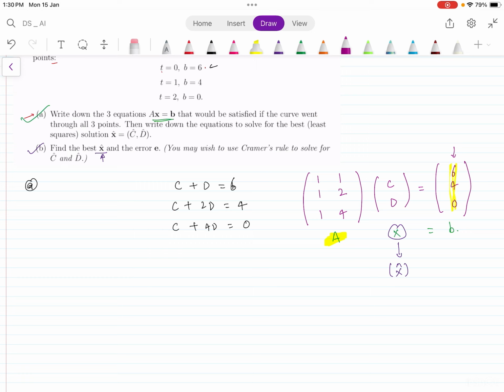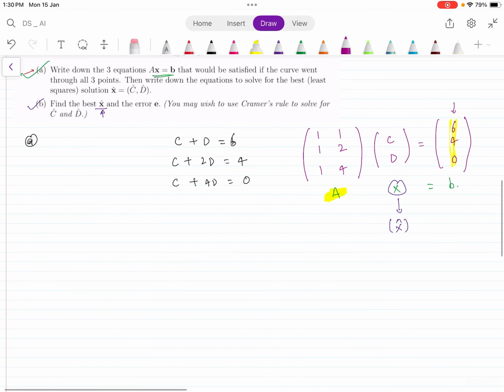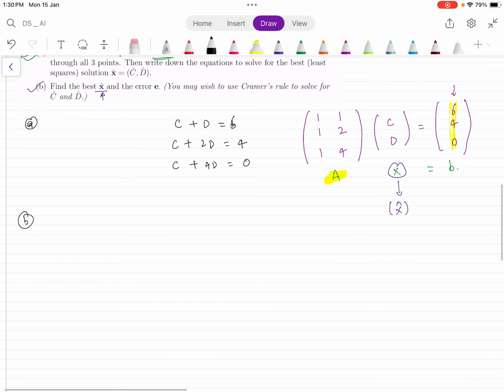So that is why we are looking not for the solution for b exactly, but for the part which has been projected into the column space of A, right? And why particularly that projection, why not another part of b? Because that particular projection will give you the best fit, that is, you will get the least error in that case, right? So now let's solve this.